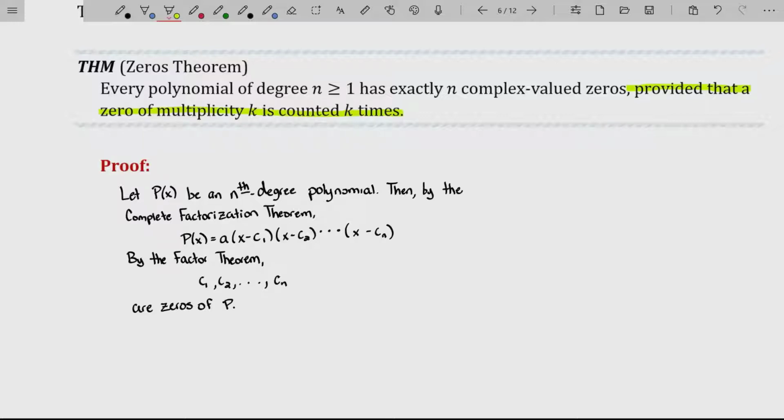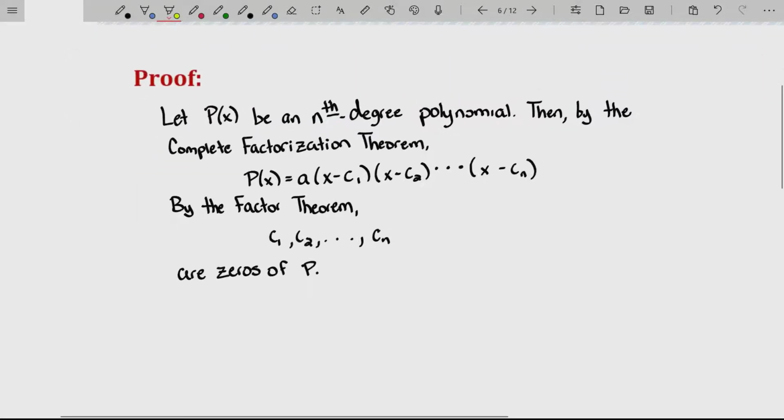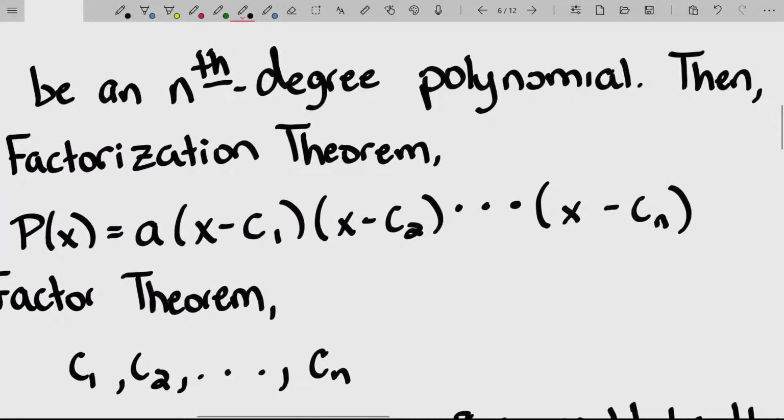Well, the complete factorization theorem never stated that those c sub i's, like c1, c2, and so on, had to be different. So c sub i and c sub i plus 1 and c sub i plus 2 and so on could be the same. I will write that down, but that still means that you have n linear factors.